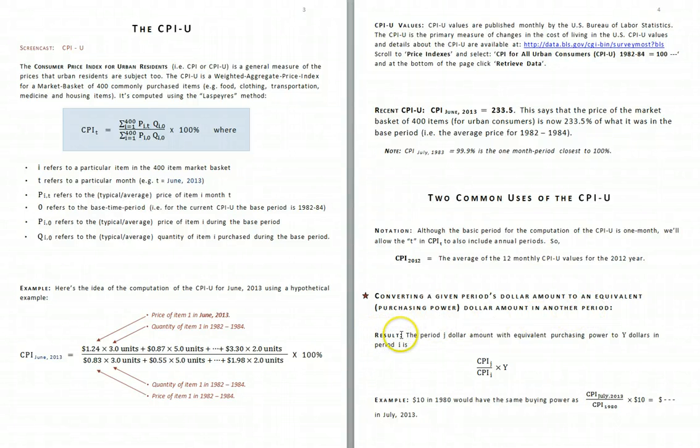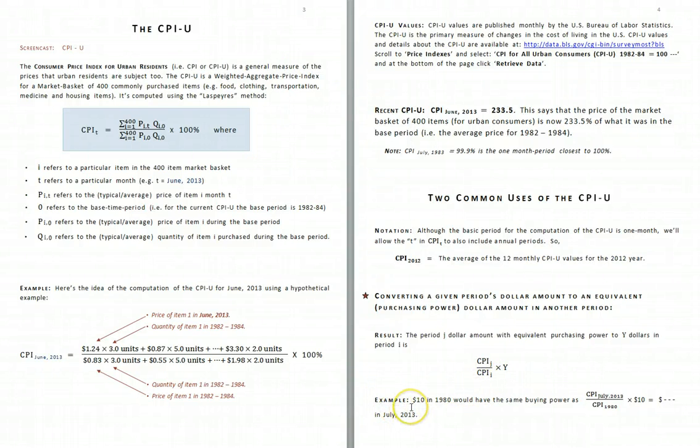This result drives the application. It says the period j dollar amount with equivalent purchasing power to Y dollars, and that Y dollars being in period i, is obtained by this expression: the CPI for period j divided by the CPI for period i times the Y dollars in period i.